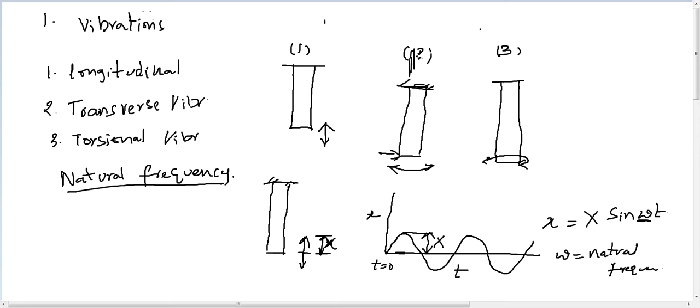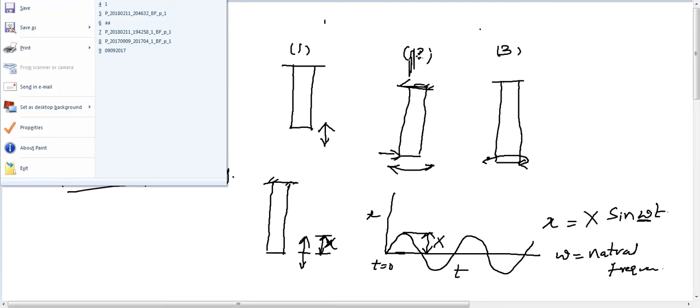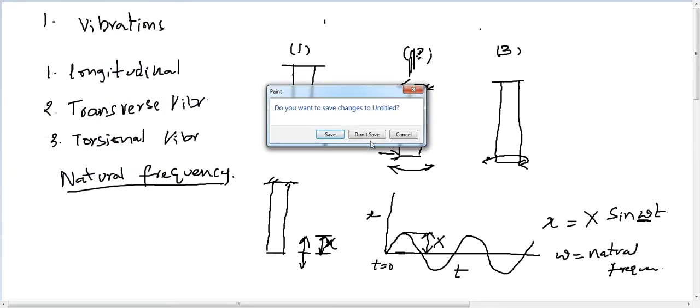Now let us try to find out the natural frequency of a simple spring mass system. Here in this case, this is the spring, and after attaching some mass to it, it will deflect and come to this location.